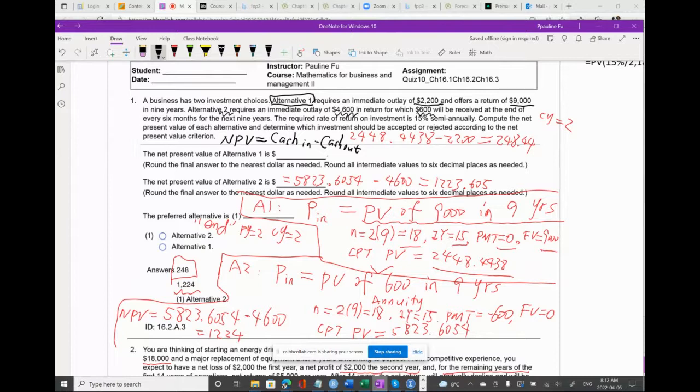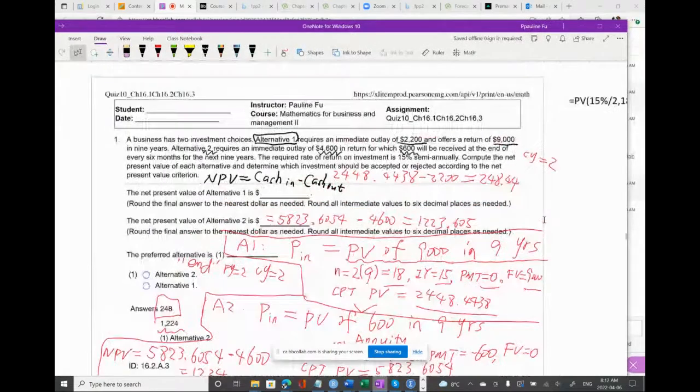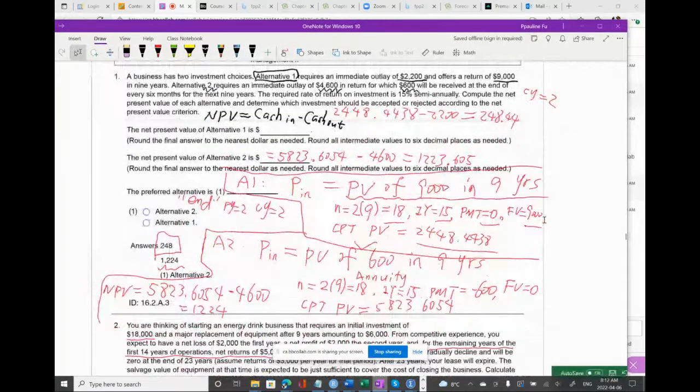That is the one we are going to compute. To do that, you need to set up your calculator.